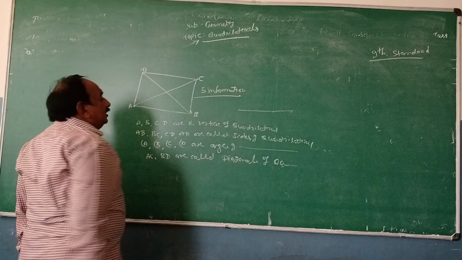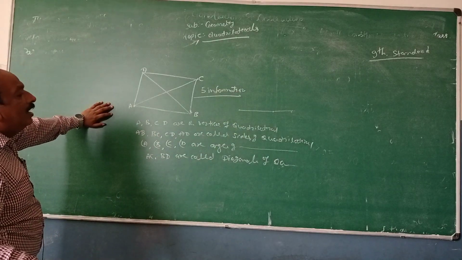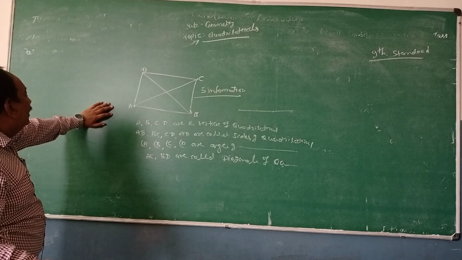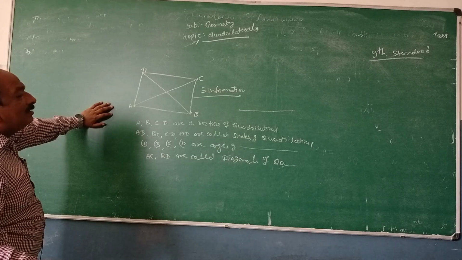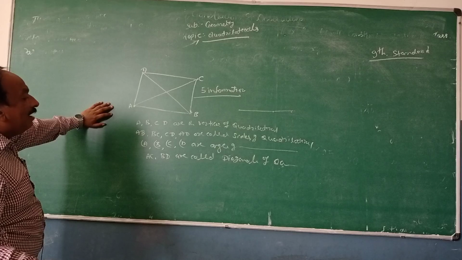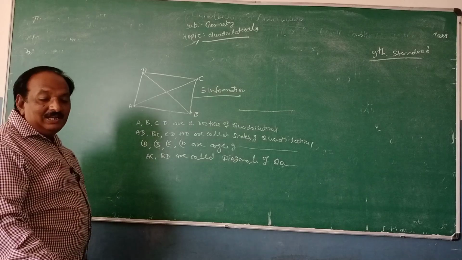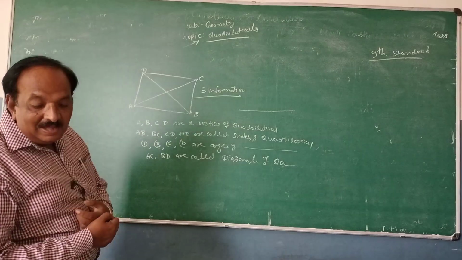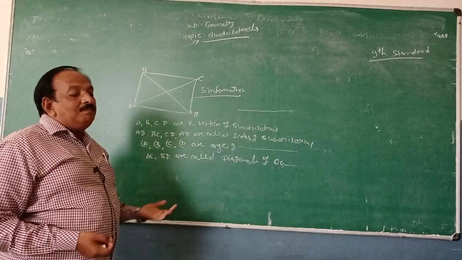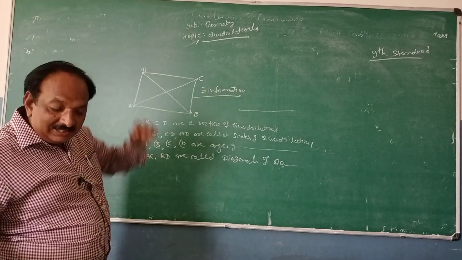A, B, C, D are the vertices of the quadrilateral. AB, BC, CD, AD are called sides. Angle A, angle B, angle C, angle D are angles. AC and BD are the diagonals. Examples of a quadrilateral: a board, a duster, a mobile, a book, etc.